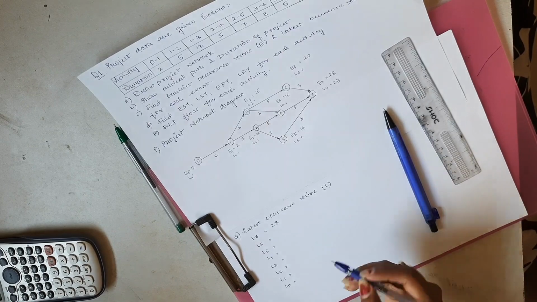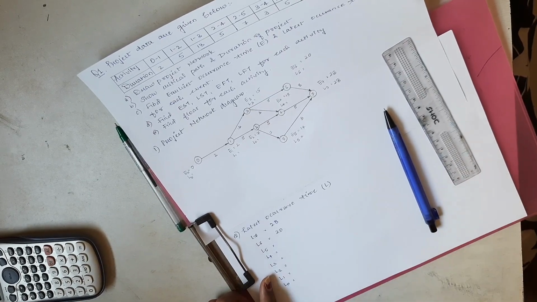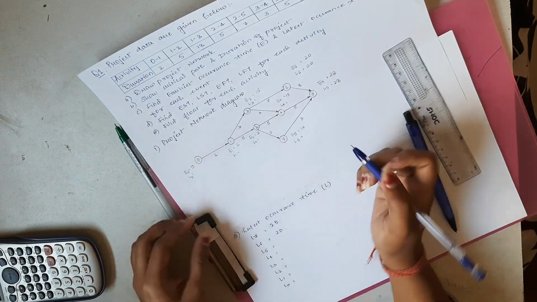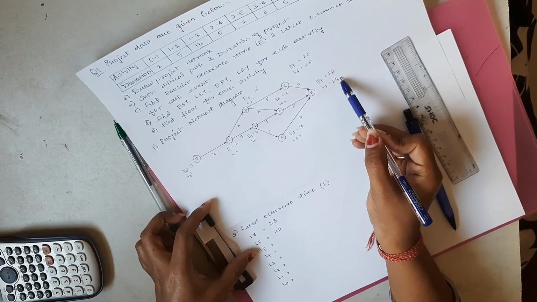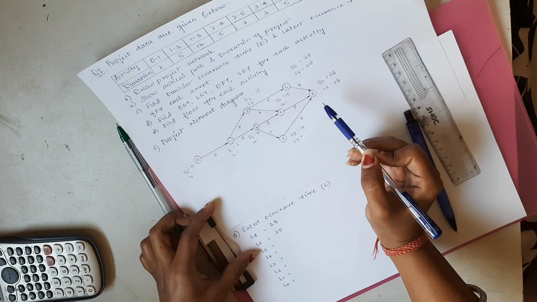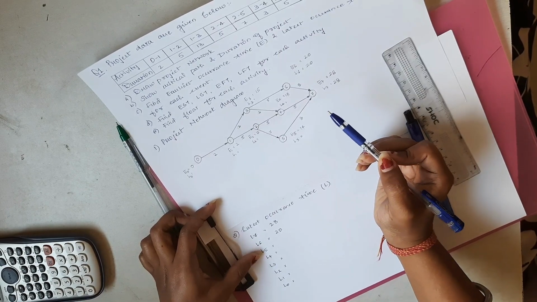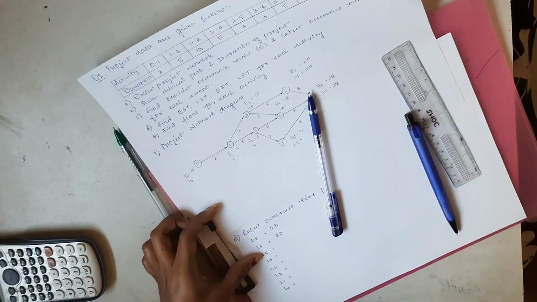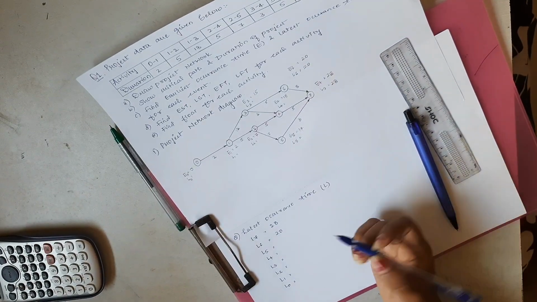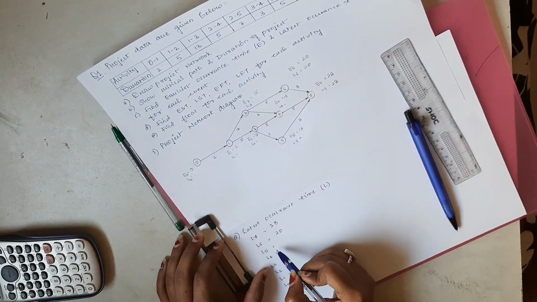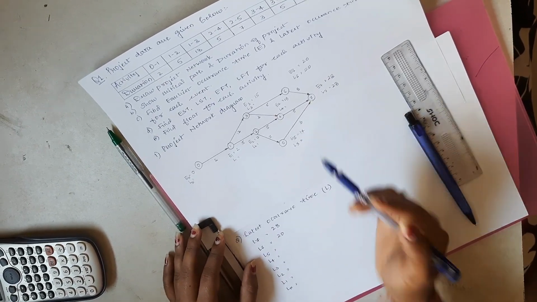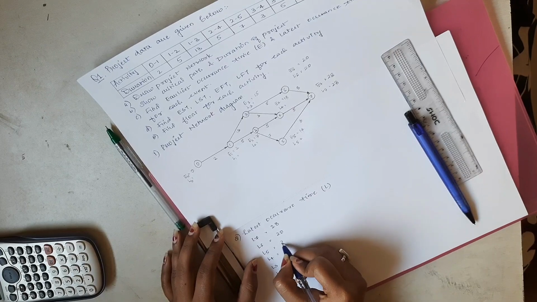So L6 is 20. Next, for L5, it will be simply 28 minus 5, that is 20. Our next is L5, where we simply subtract 28 minus 3, that is 25.